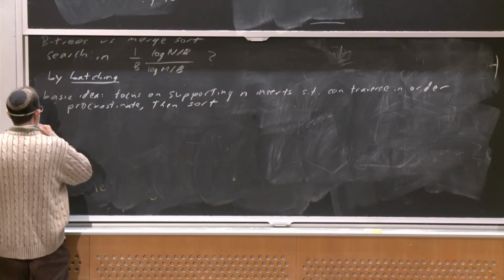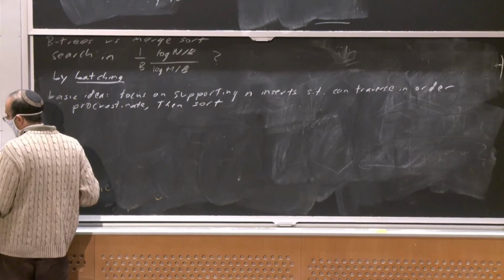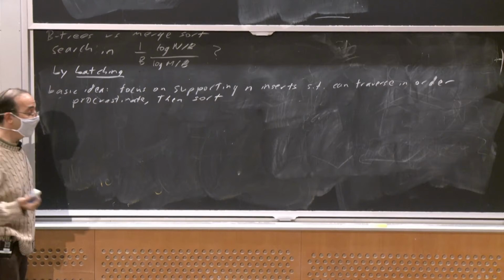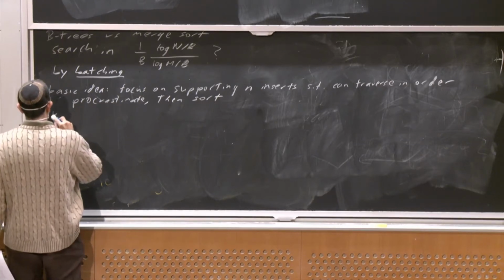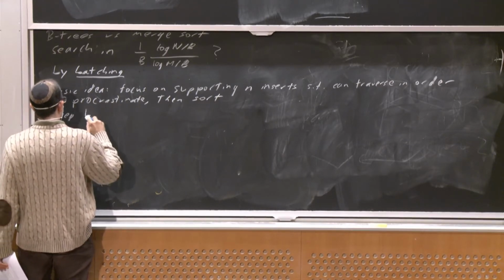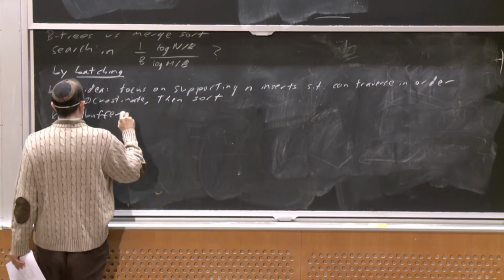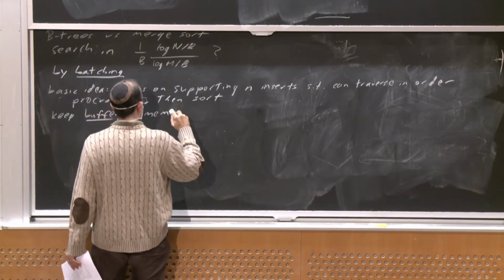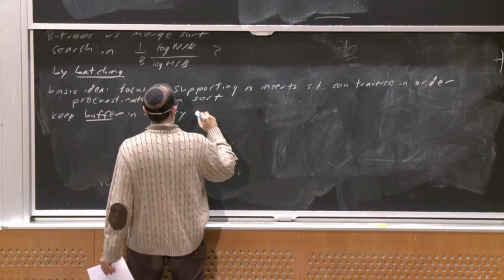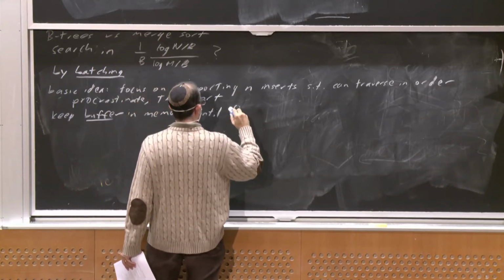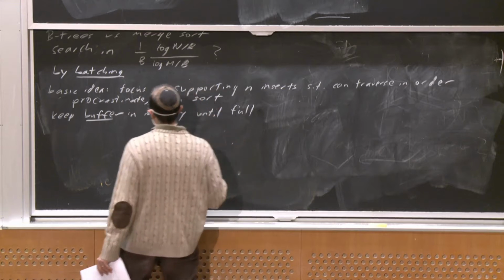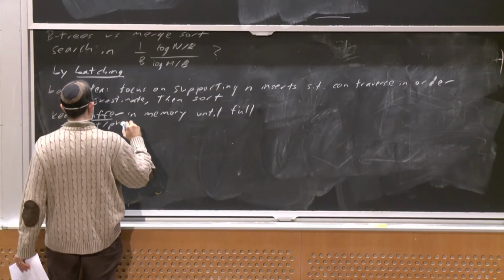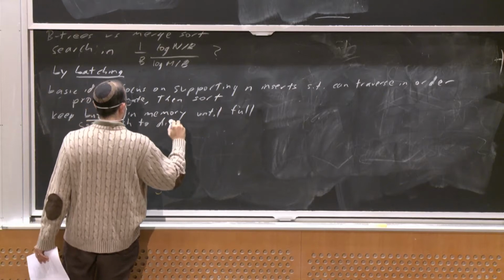The way we're going to do this is still going to be procrastination focused. What we're going to do is keep a so-called buffer in memory until memory becomes full. And then we will sort and push that buffer to disk.